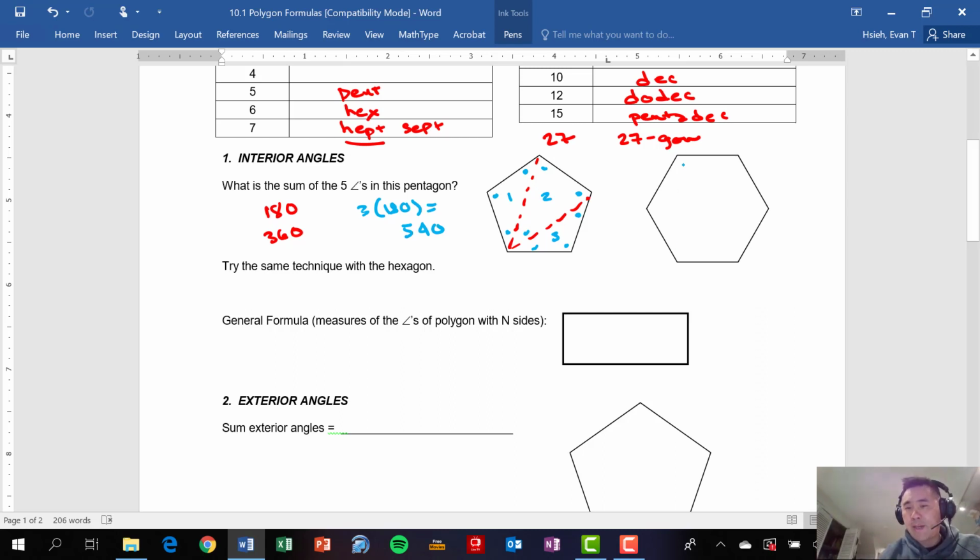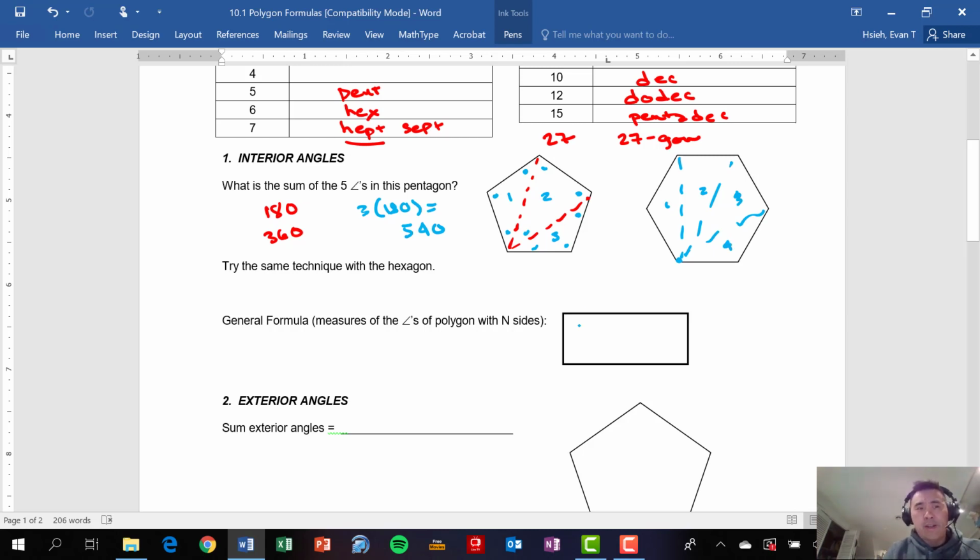And the same thing with the hexagon. If I, from one vertex, draw in these triangles, you can see now you have 1, 2, 3, 4 triangles. And if I had a heptagon, 7-sided, I could draw 5 triangles and so on and so forth.